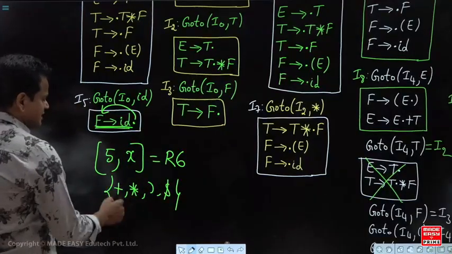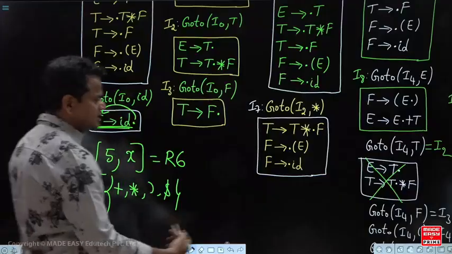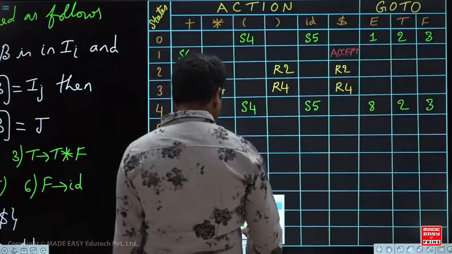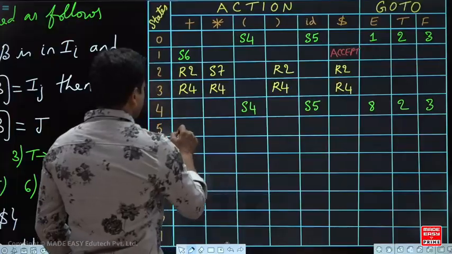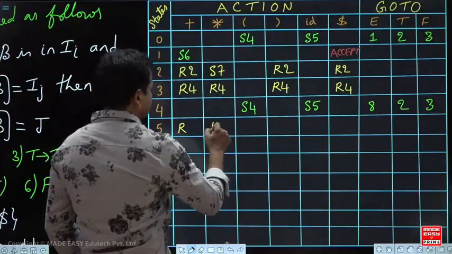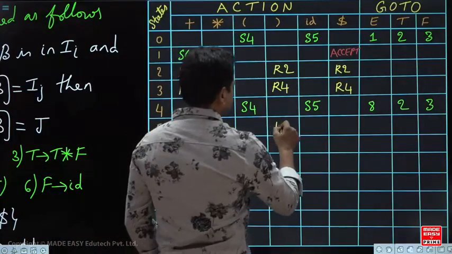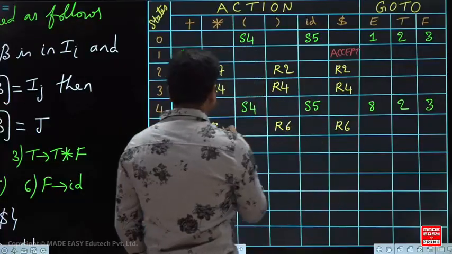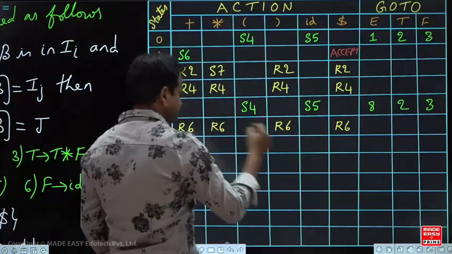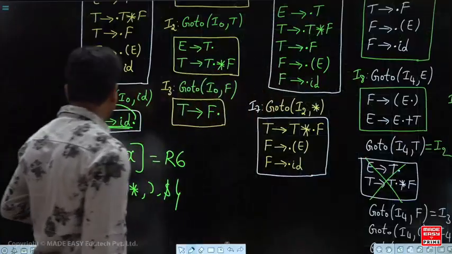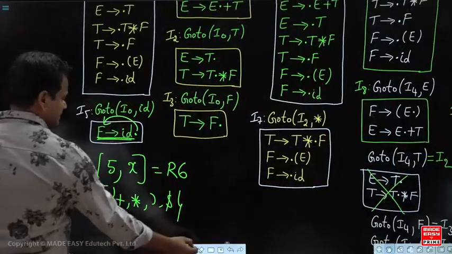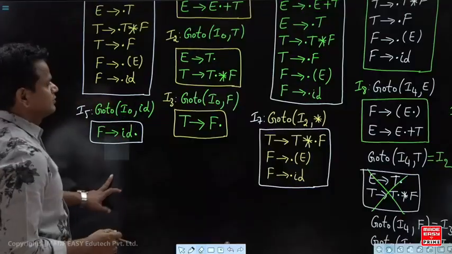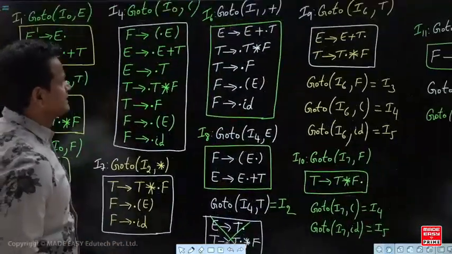So in 5 comma plus, 5 comma star, 5 comma closed, and 5 comma dollar, in all these places we write R6. Okay, next. I5 is done. Now come to I6. This is I6.